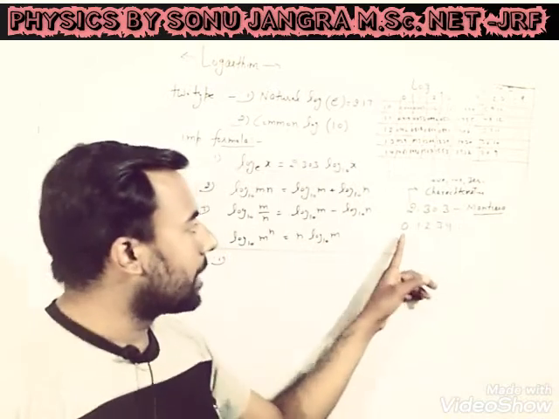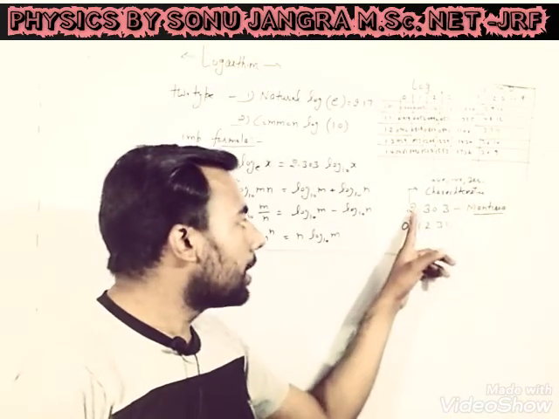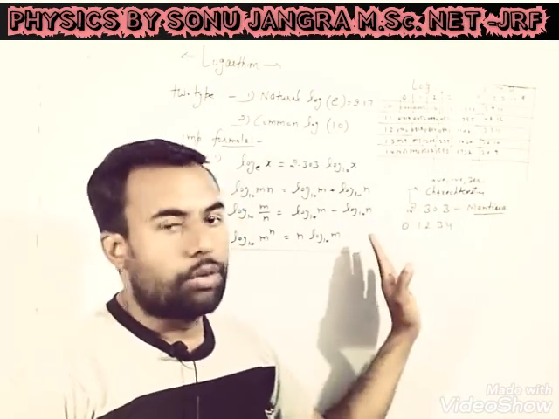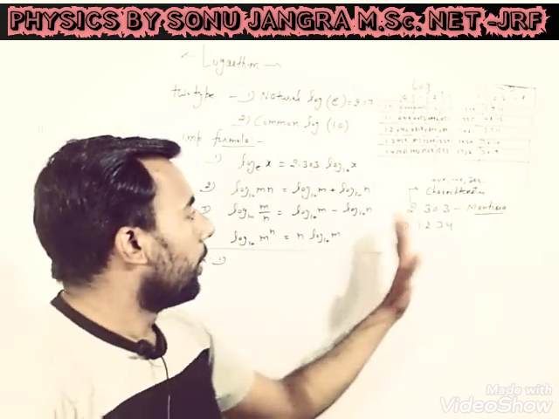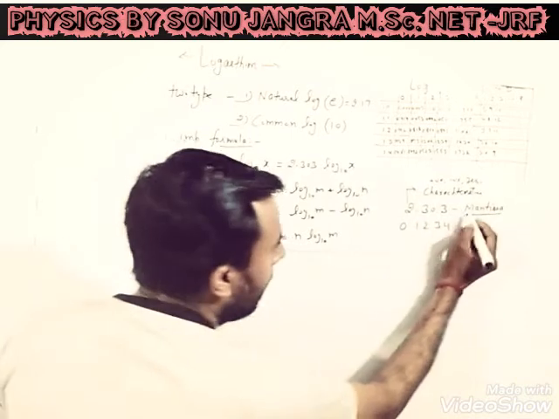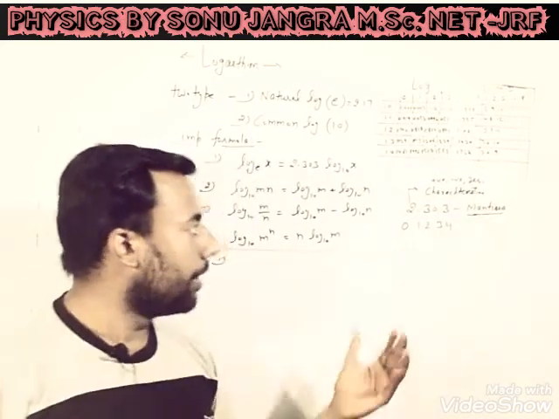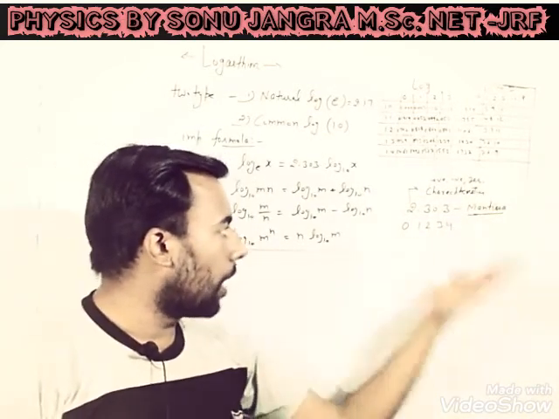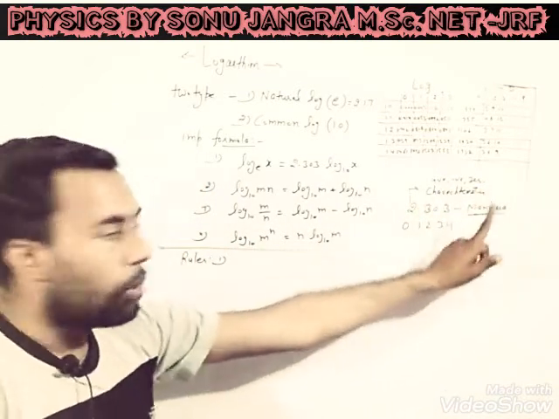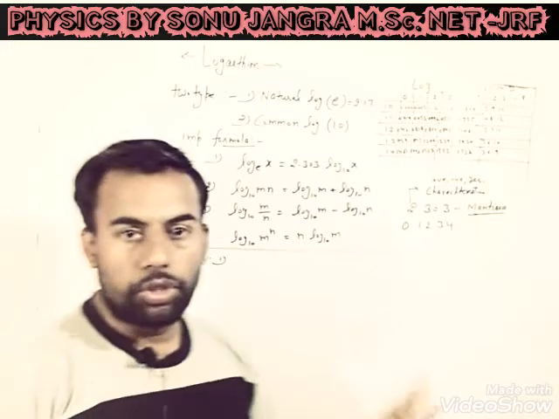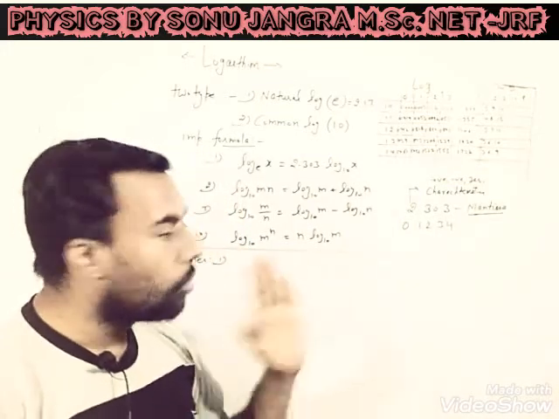In this number the characteristic part is 0, and in this number the characteristic part is positive, greater than 0. Now what about the mantissa part? The mantissa is the values written after the decimal point. The characteristic is positive, negative, or 0, but the mantissa part is always positive, not negative.